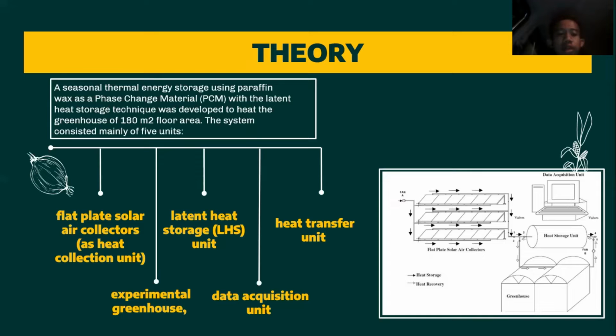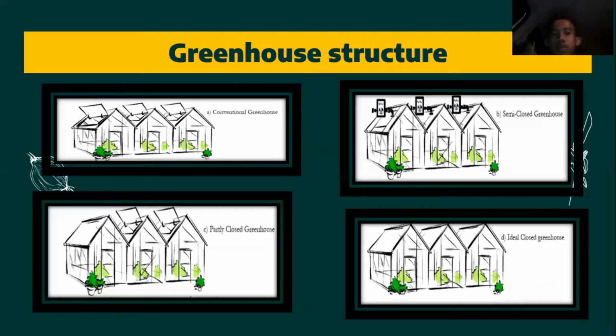The first one is the flat plate solar air collector. Second, the experimental greenhouse. Third, the latent heat storage or LHS unit, the data acquisition unit, and the last one is the heat transfer unit. So there are basically 5 units.